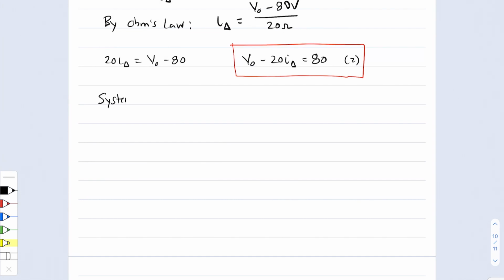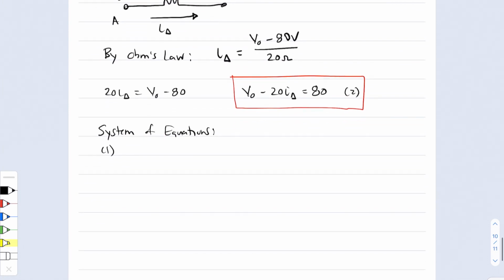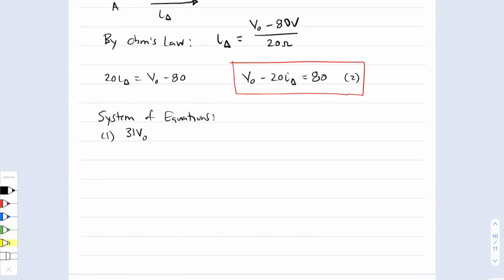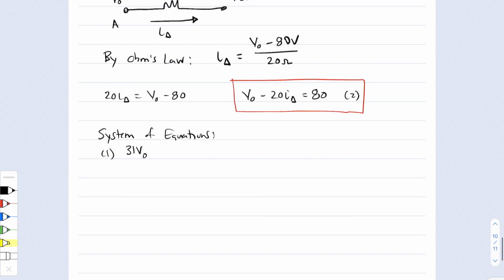So this equation we obtained by taking a look at the dependent source, what it depends on. We now have a system of equations in standard form. Equation number 1 was 31 V naught plus 100 I sub delta equal to 1,400. And the second one is V naught minus 20 I delta is equal to 80. And you can use any technique that you want to solve.